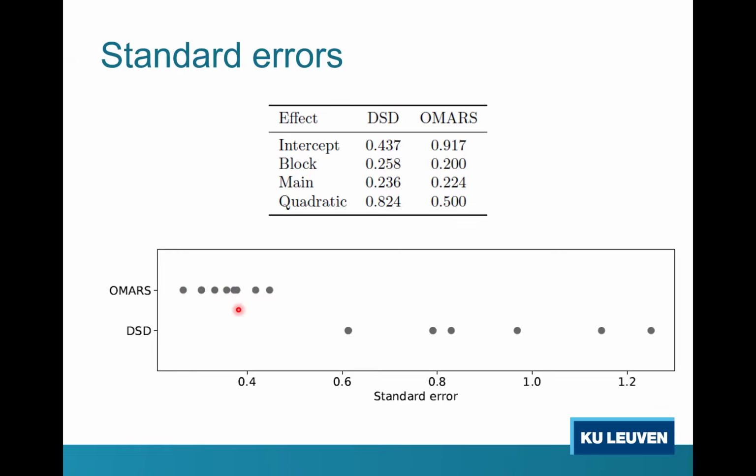And you can see that the bullets for the OMARS design lie much more to the left than the bullets for the definitive screening design, so that the OMARS design gives much better information about the interaction effects than the definitive screening design. So summarizing this slide, basically, for every kind of effect, the blocked OMARS design does better than the blocked definitive screening design.